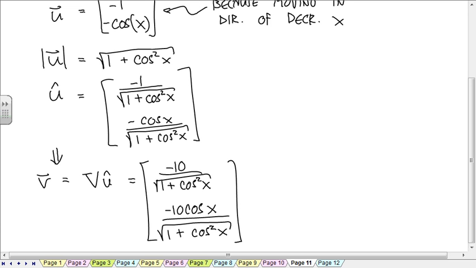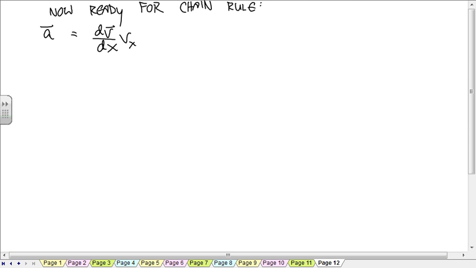It's really hard to imagine that I'm going to go through all this right now. But that derivative is going to be really ugly. But take that derivative, multiply it by the x component of the velocity, and you get the acceleration.